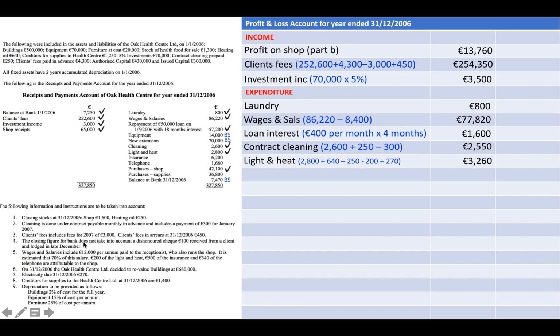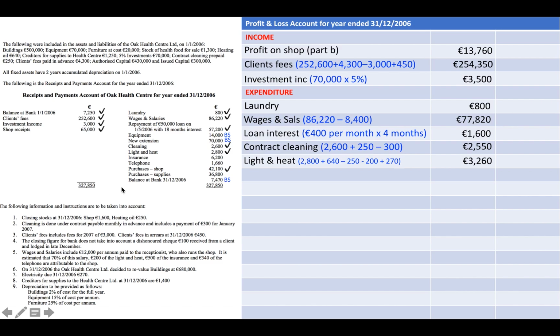Then what we're going to do is scan down through the rest of it. 200 of the light and heat went to the shop. So we're going to minus that 200 light and heat from there as well. And then in note 7, it says electricity due at the end of the year was €270. So that relates to this year. So we are going to plus that €270 there as well.